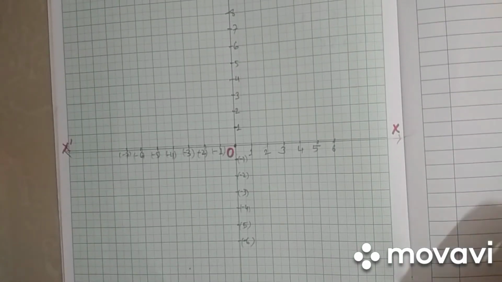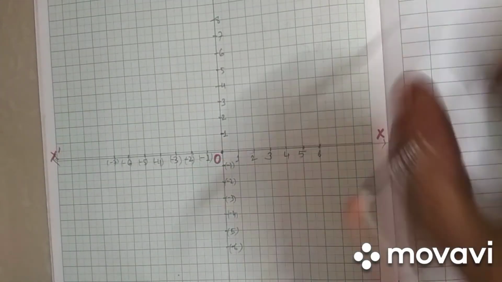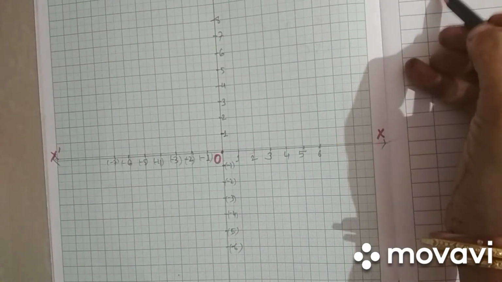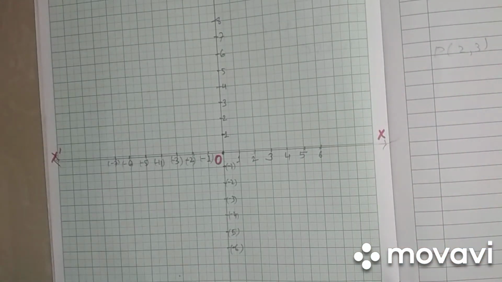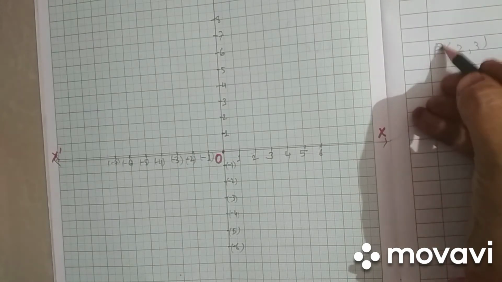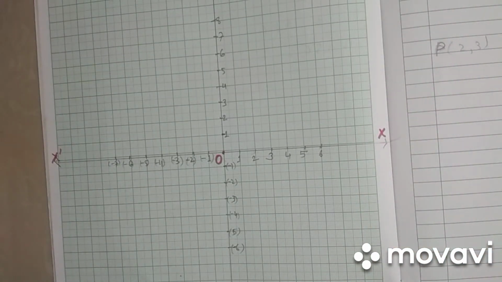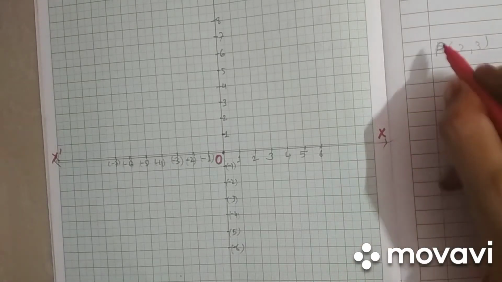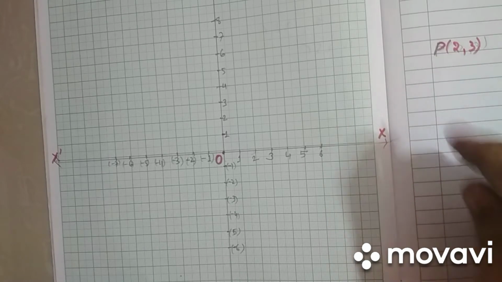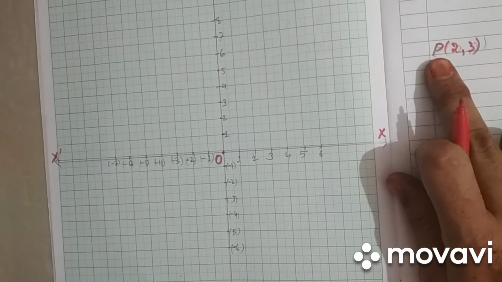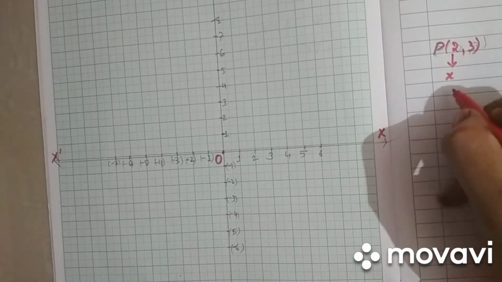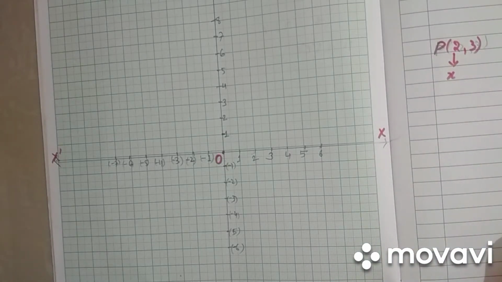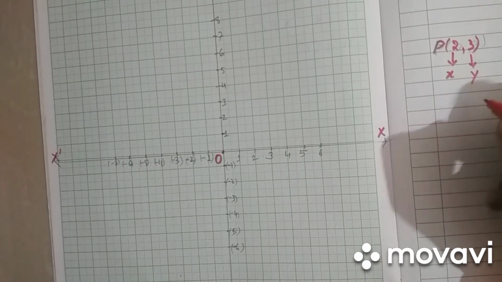Now, like I told you in the beginning, if point P 2, 3 is there, if we take P as 2 and 3, what does it indicate? It means I want to plot a point P such that, in the P coordinates, the first value 2 is the x coordinate, which means you have to read it on the x axis, and the second you have to read on the y axis.